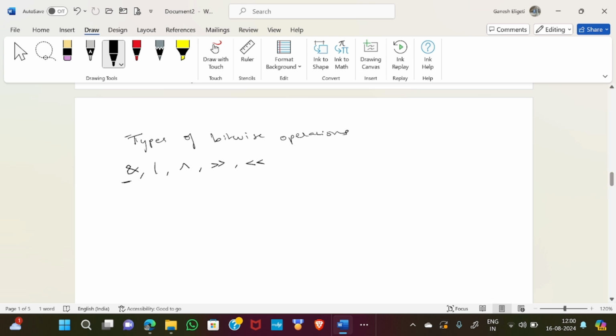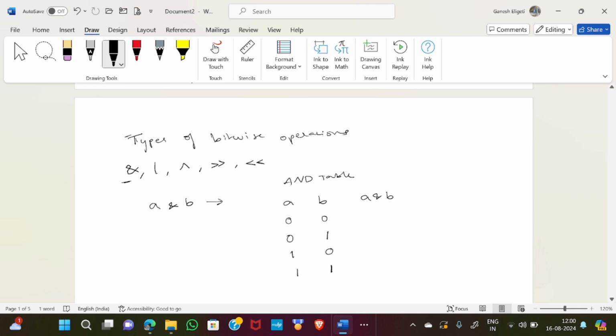So, AND operator, when you do AND between two bitwise numbers. Okay, so let's consider A and B. The result of this is determined by a table. So, there is an AND table where we take A and B and all possible combinations of it, and we do A and B. So, 0 0, 0 1, 1 0, and 1 1.